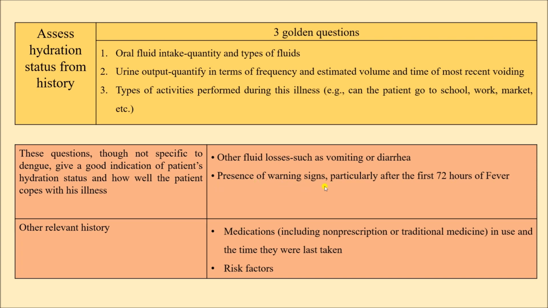We know about warning signs that we discussed in our first video on dengue. Other relevant history that we must look for is the history of medication. So whether any non-prescription medication or traditional medicines are being taken or not, and when they were taken, etc. Especially if you remember, in any case of viral fever or viral infection, we try to avoid any kind of NSAIDs, right?